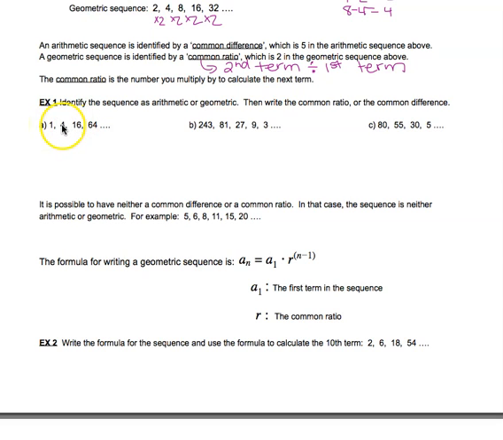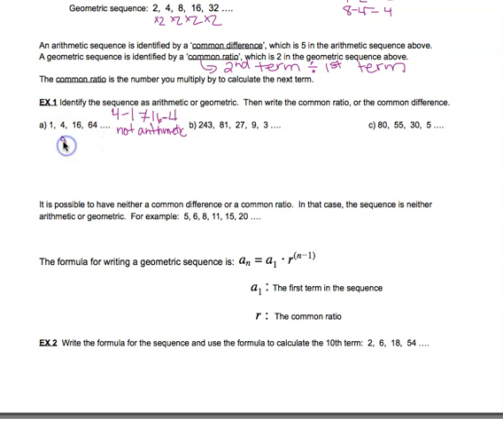But 16 minus 4 is definitely not 3. So then we see if we might possibly have a common ratio instead, because this not equals means we do not have a common difference. So it's not arithmetic.